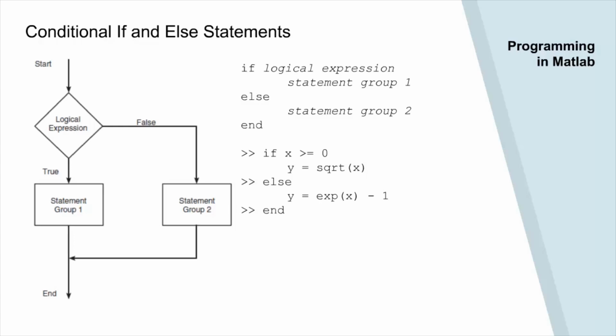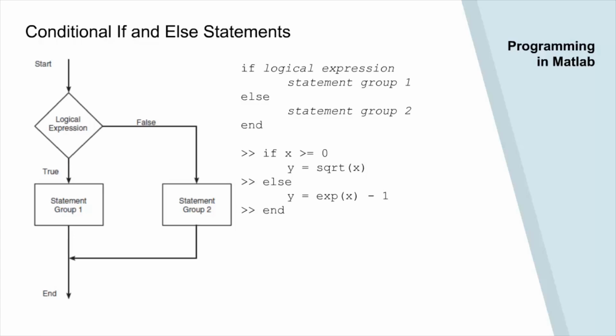Say for example, suppose that for x greater than equal to 0, we have y as square root of x, and for negative values of x, we have y as e raised to x minus 1. The following statement will calculate y assuming that x already has a scalar value.